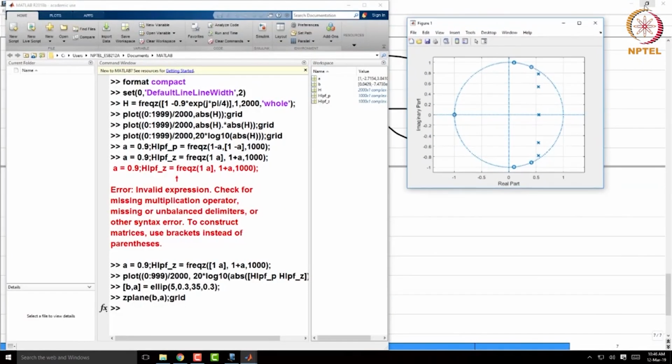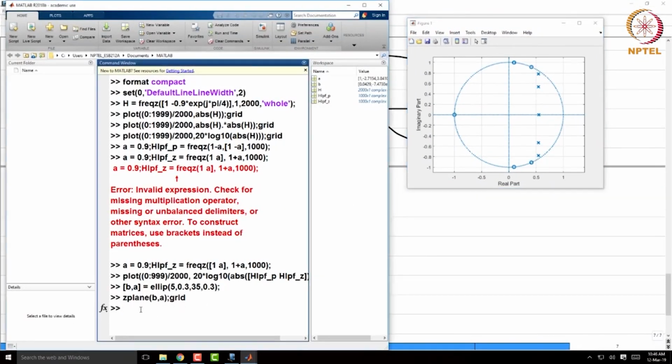And now let me plot the frequency response of this. So this is clearly an IIR filter because there are uncancelled non-trivial poles.